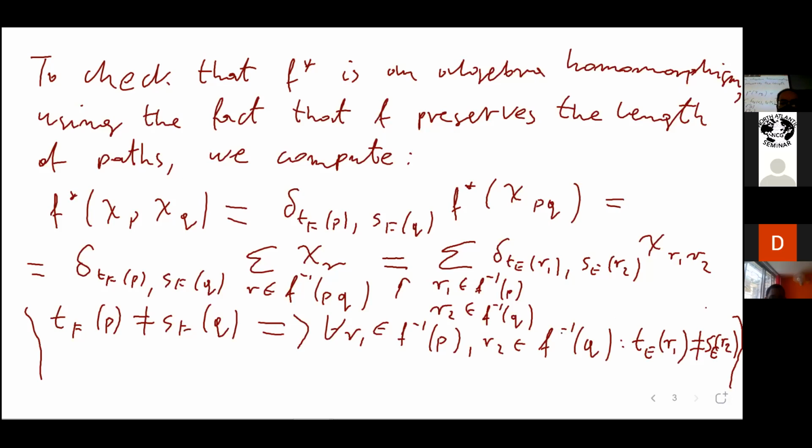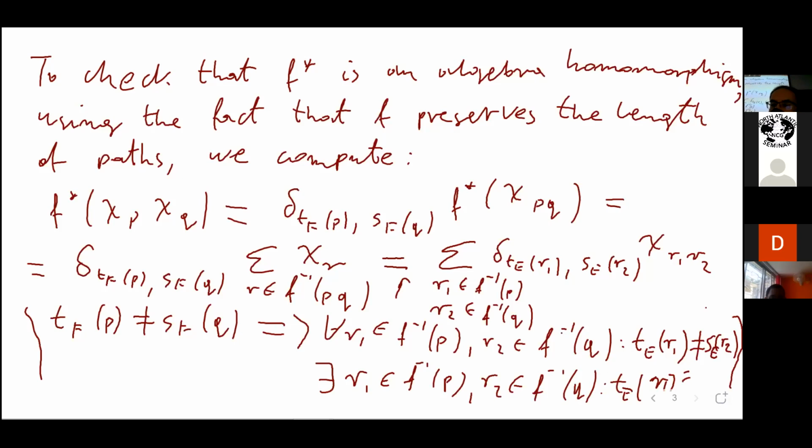If I negate the right-hand side, I'm saying that there exist R1 in the preimage of P and R2 in the preimage of Q such that TE of R1 is equal to SE of R2.